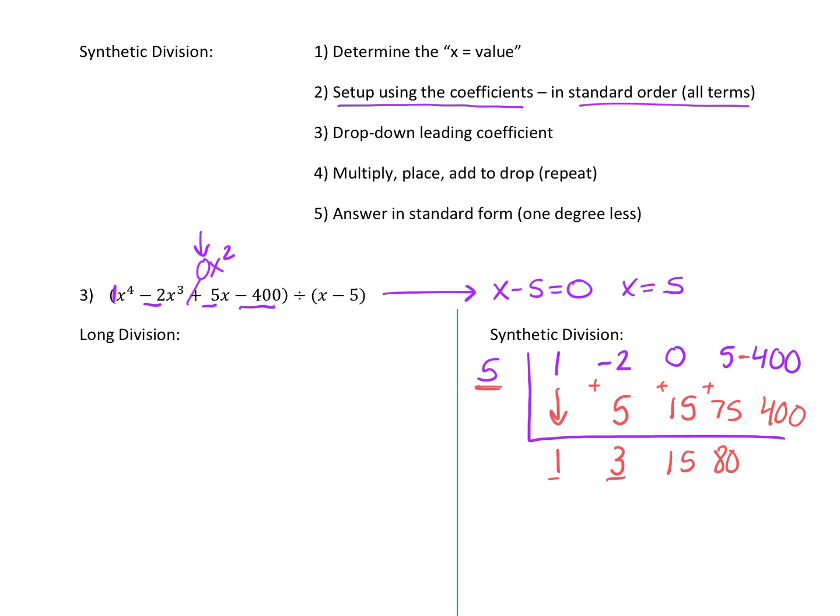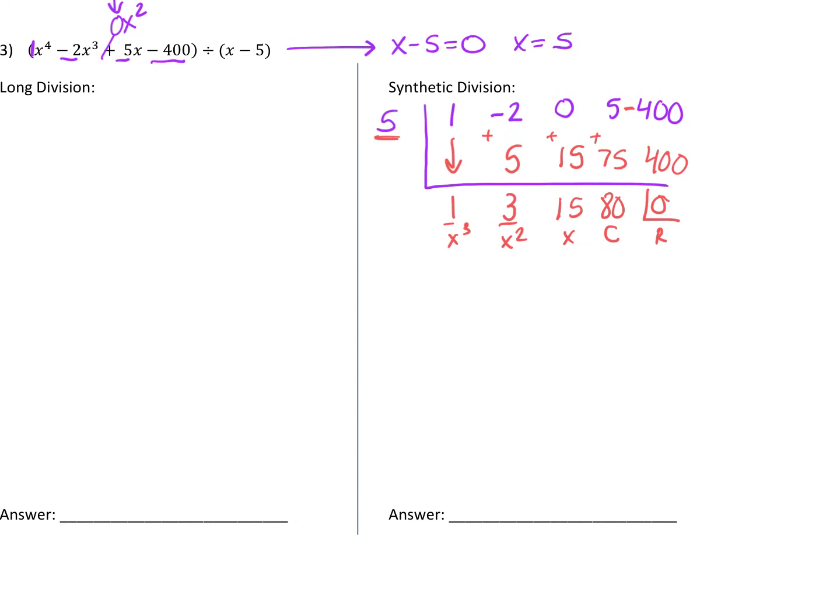Oh, this was a negative 400. Sorry about that. So I'm going to get a remainder of 0. So this is my remainder, constant, x, x squared, x cubed term. So my final answer would be 1x cubed, or just x cubed, plus 3x squared, plus 15x, plus 80. And then I have no remainder, so that would be my final answer.